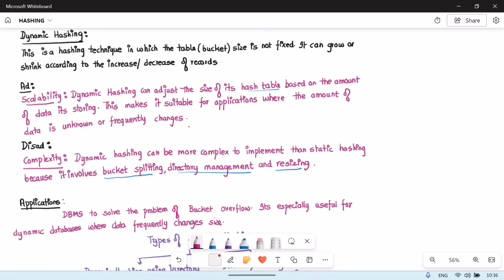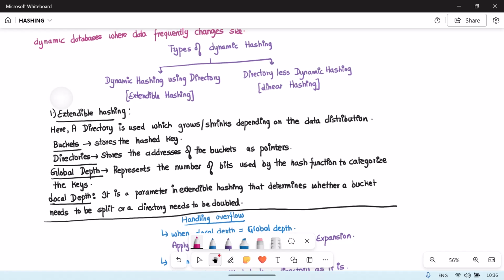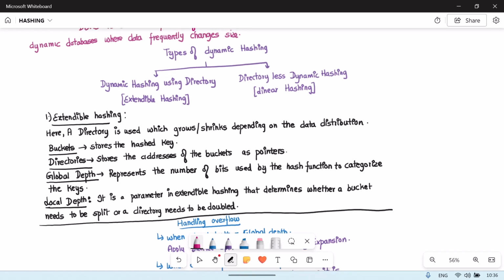Okay. Now we will look at the next part, that is types of dynamic hashing. There are two types. One is extendable hashing. The other one is linear hashing. I will explain both of them in detail.